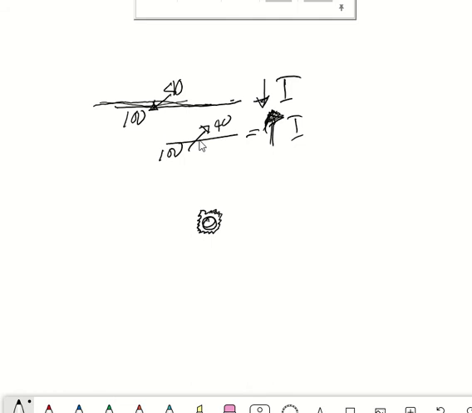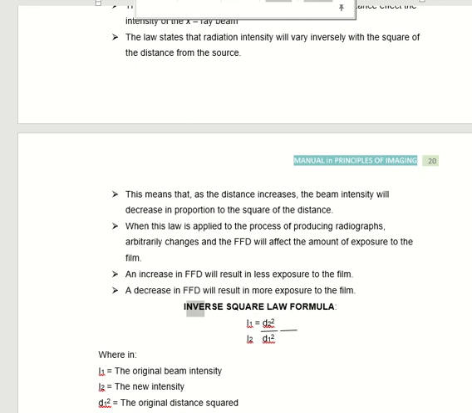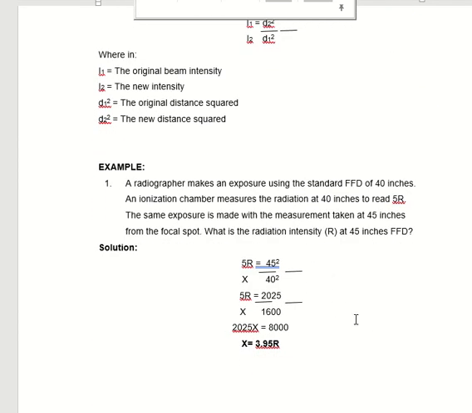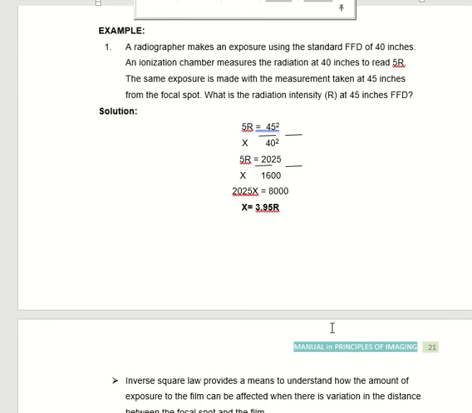So, ito yung essence ng ating inverse square law. If you increase the distance, the intensity will decrease. If you decrease the distance, the intensity will increase. Okay, so we will not solve for this. Nagawa na natin to sa ating rad physics.